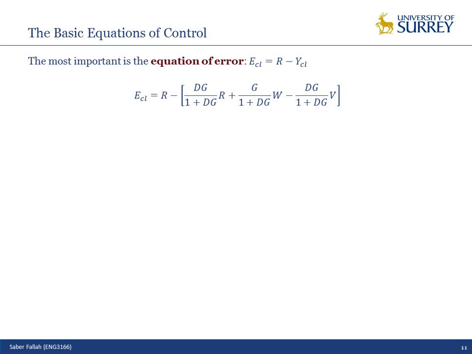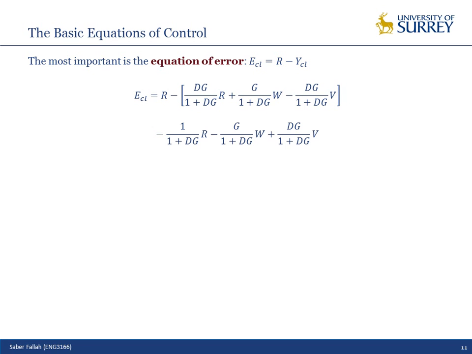R is the reference signal, and here, in the bracket is the Y closed loop. We calculated the transfer function of the closed loop system, the response in the S domain, in the previous class.